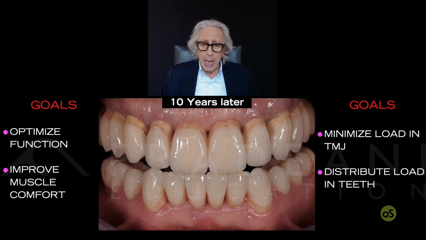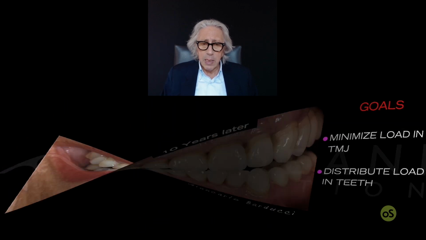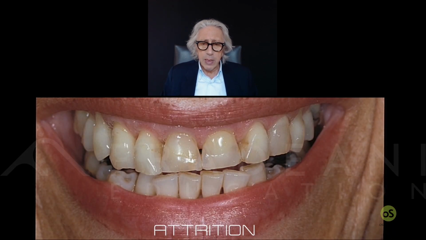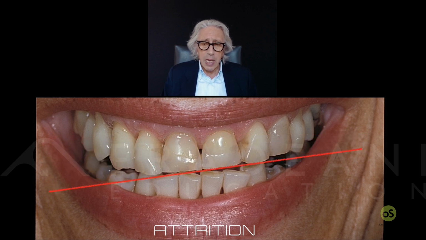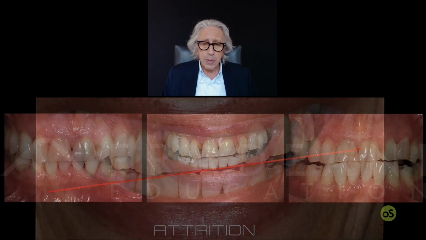So I believe that with this kind of treatment, we finalize with the last case in which you have this kind of attrition phenomenon. You see that we have an inclination of the incisal edge on one side. The patient wants to do some veneers, but of course, before doing that, we want to understand what kind of problem the patient has. And we defined that this is a kind of attrition.